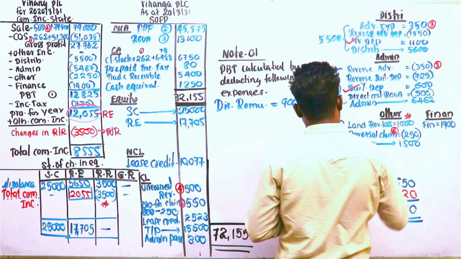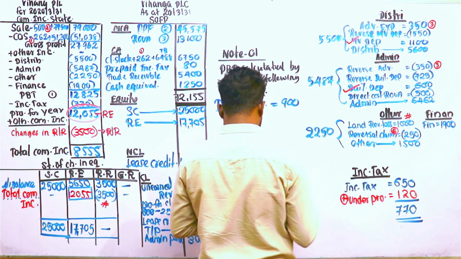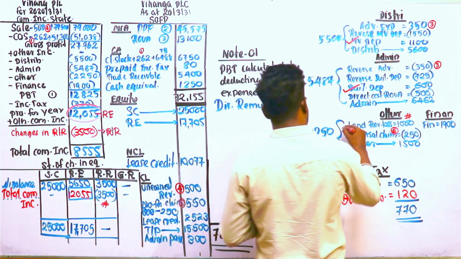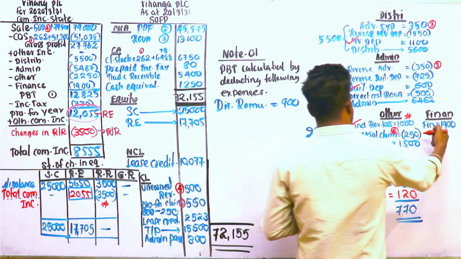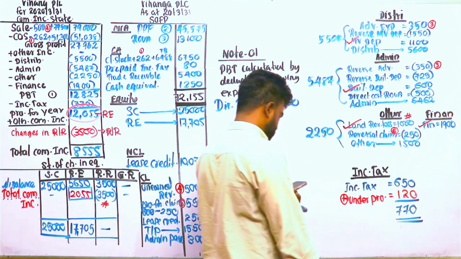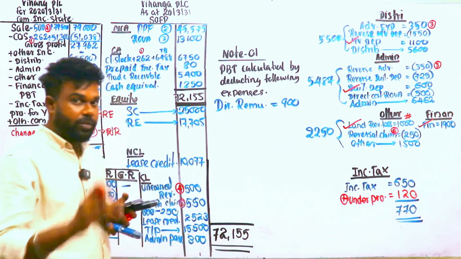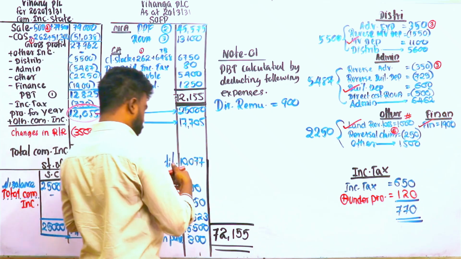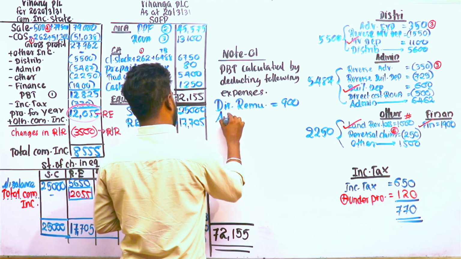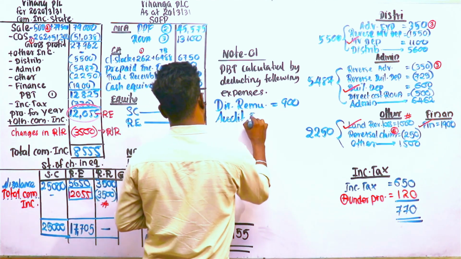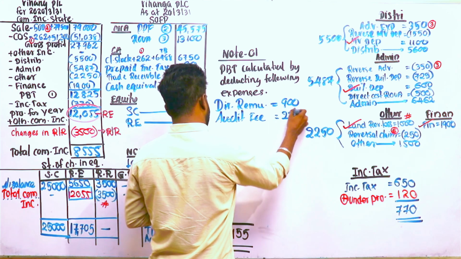I think revaluation loss, right? And also write the finance expense. Under row number 2, classifications of admin, there was the audit fee; record that audit fee also. Audit fees were 275.